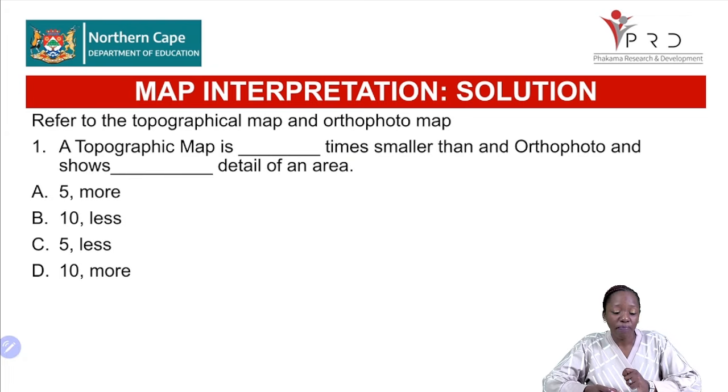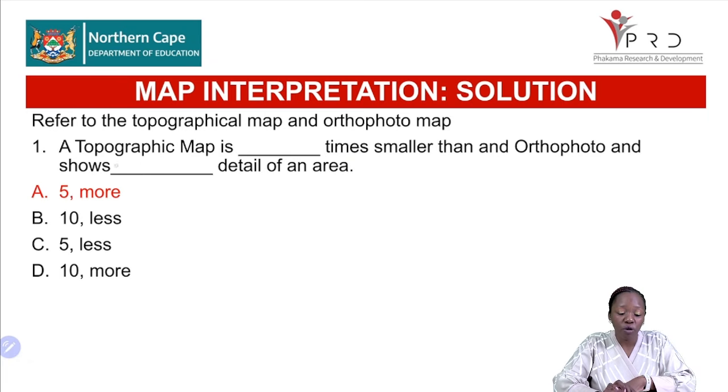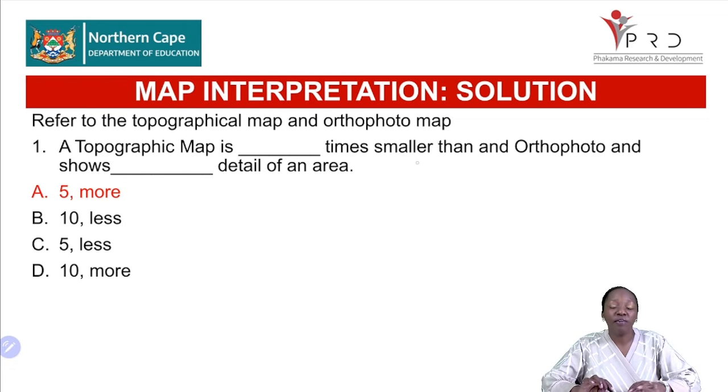Then we're looking at our correction. Remember, you are supposed to identify how many times the topographic map is smaller than the orthophoto. Here we have our option A, which is correct. Your topographic map is 5 times smaller. Why 5 times smaller? Remember, the scale of the map is 1:50,000.